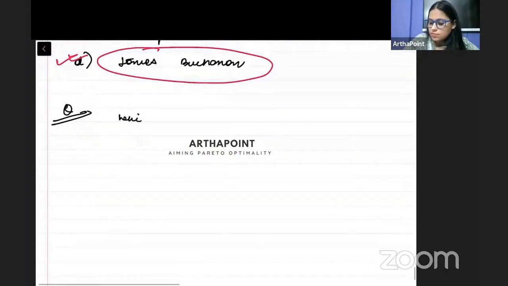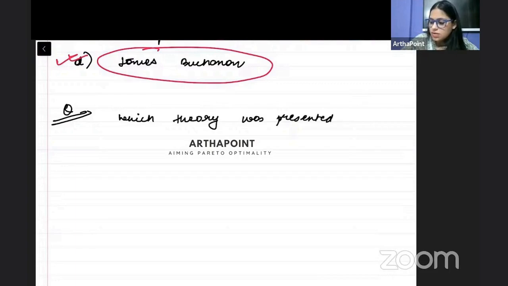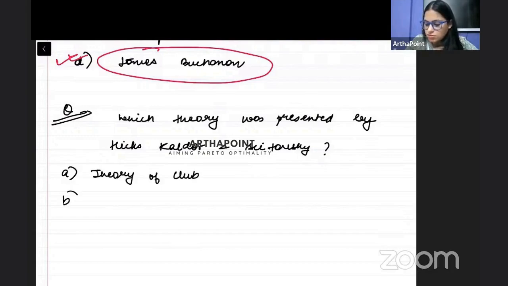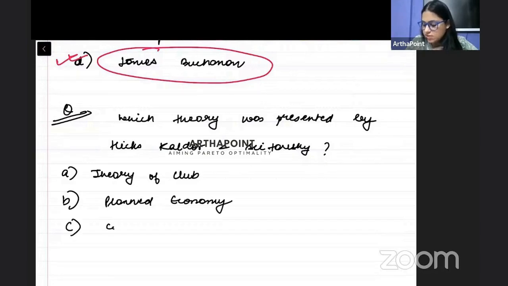Which theory was presented by Hicks-Kaldor and Scitovsky? Option number A, theory of club. Option number B, planned economy. Option number C, compensation principle.